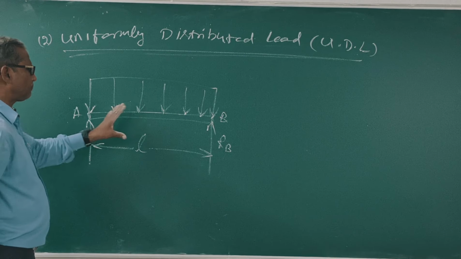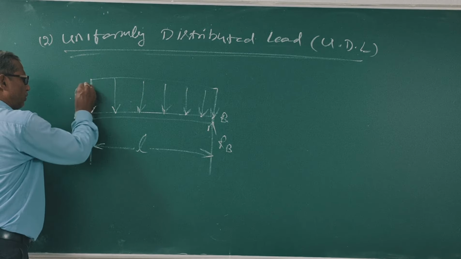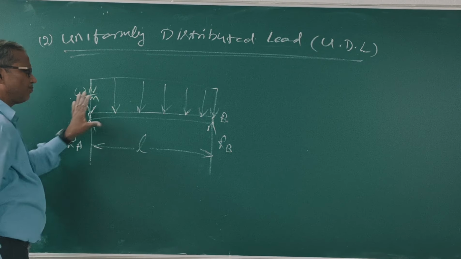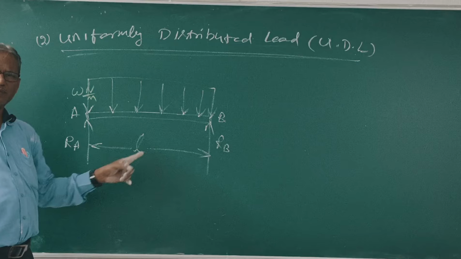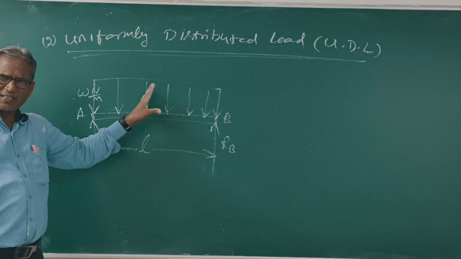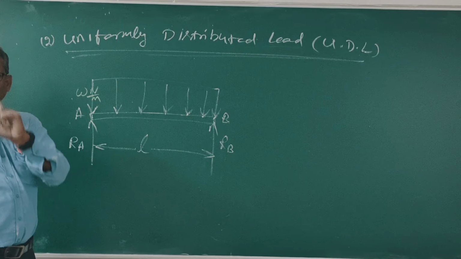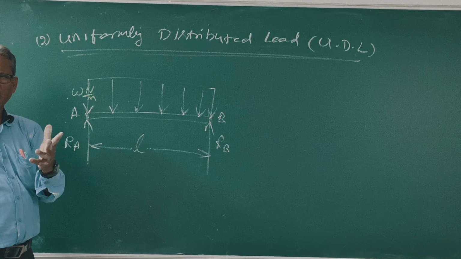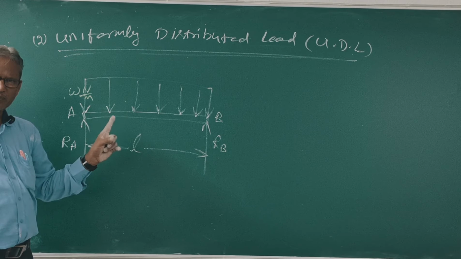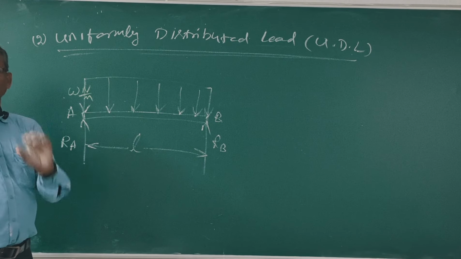In this figure, this load is w Newton per meter, length L. This looks like a rectangle. What is the area of the rectangle? Length times breadth. In a load diagram, the total area is equal to the total load.